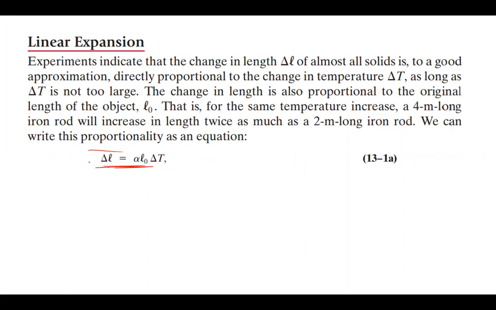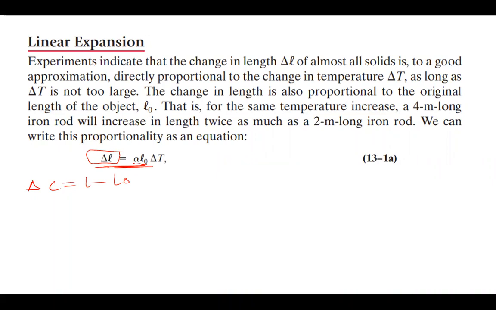We know that this part is just the change in length, which we can write as L minus L naught, the final length minus the initial length. So we can put this there. Then this part here, L naught, is the initial length.